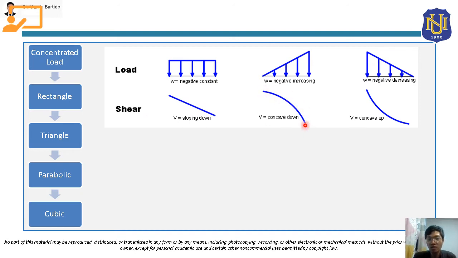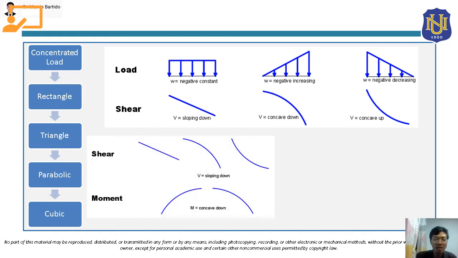Take note of this, class, it will be concave down. And for loadings that are negative decreasing, as you can see here, this is a negative loading, and it increases as it moves from the left to the right, so this is negative decreasing. For loadings that are negative decreasing, its shear will be concave upward.